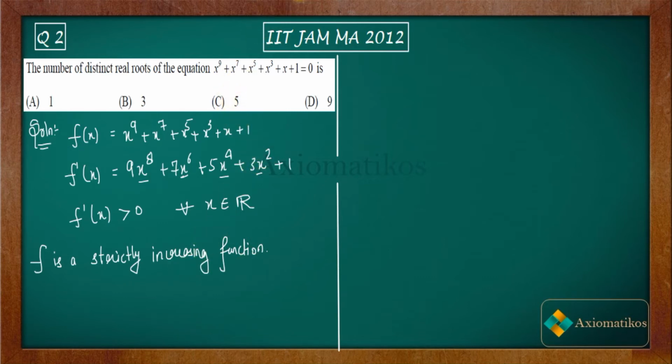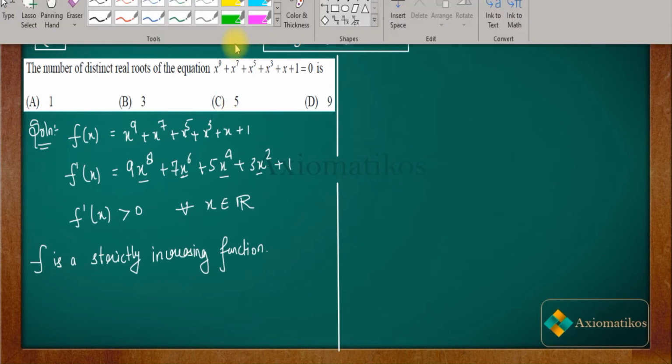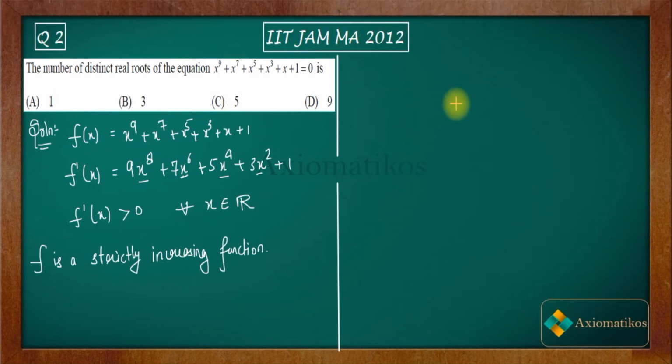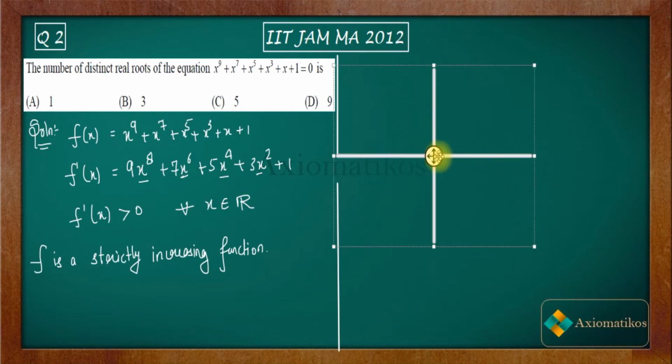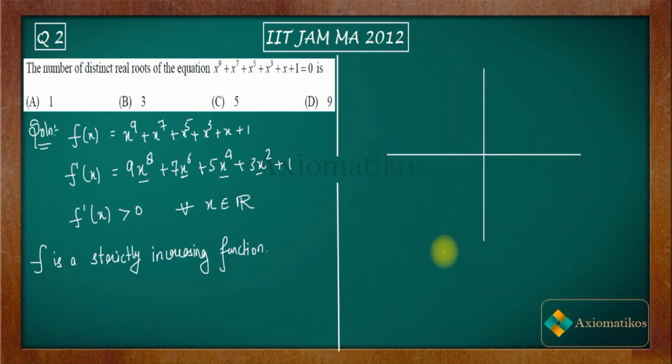Now I will show you what is the meaning of this and how this is helpful for us. So now let us say this is your Cartesian plane. Now what do you know about strictly increasing functions? That they keep on going like this.